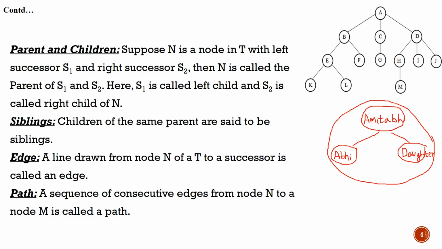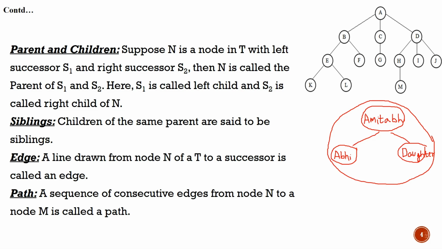By definition, suppose N is a node in a tree with left successor S1 and right successor S2. Then N is said to be the parent of S1 and S2, wherein S1 is the left child and S2 is the right child of N.